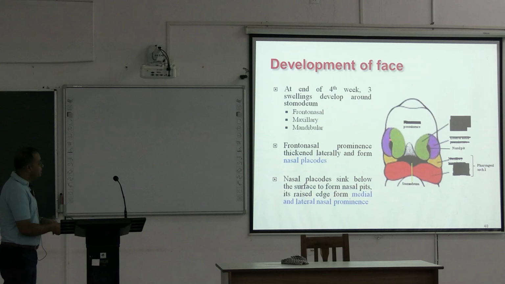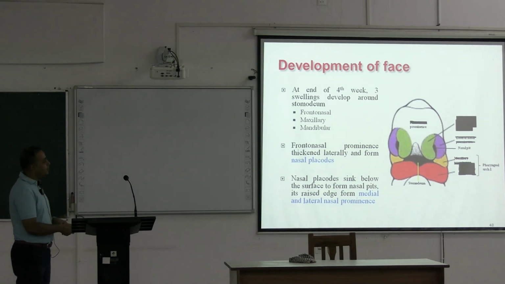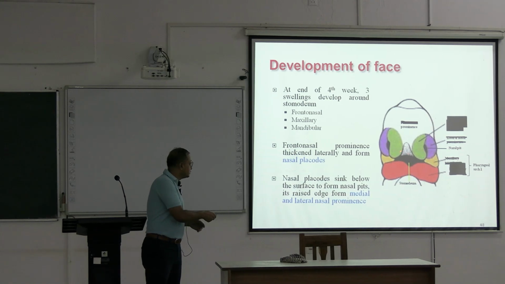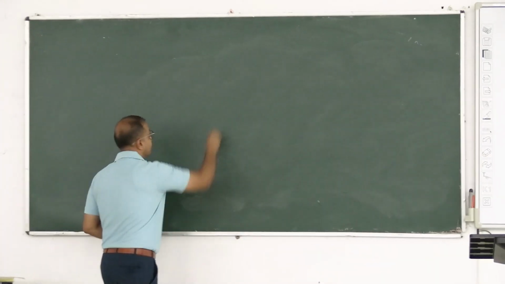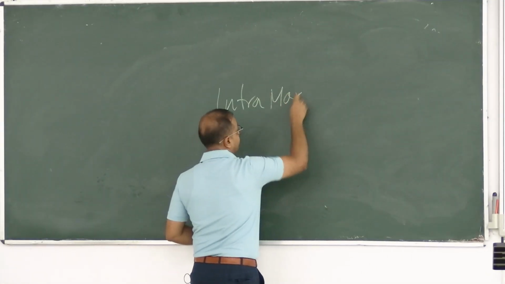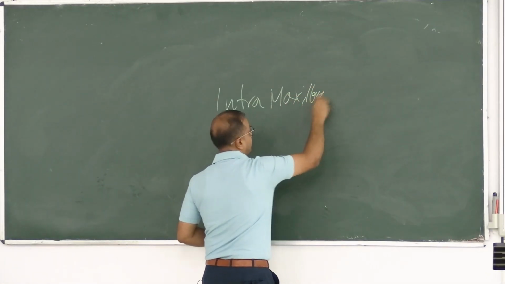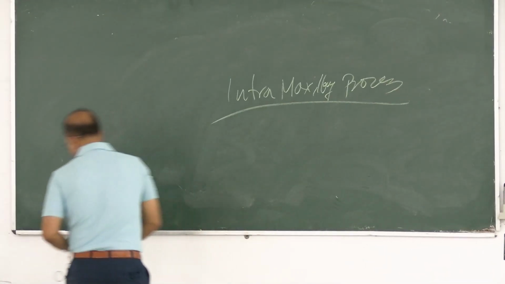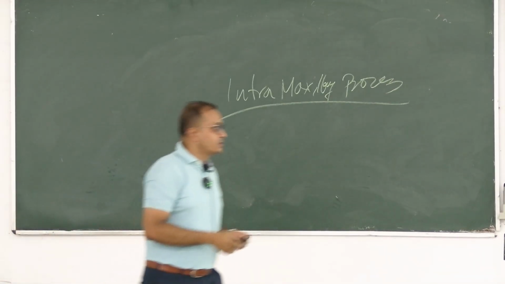Now the medial nasal prominence in green comes to the midline and unites together and forms an intermingling tissue. We call this joining of tissue the intermaxillary process.